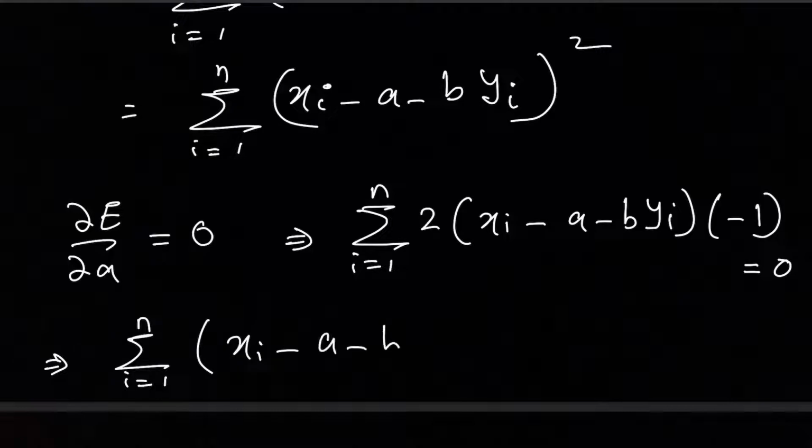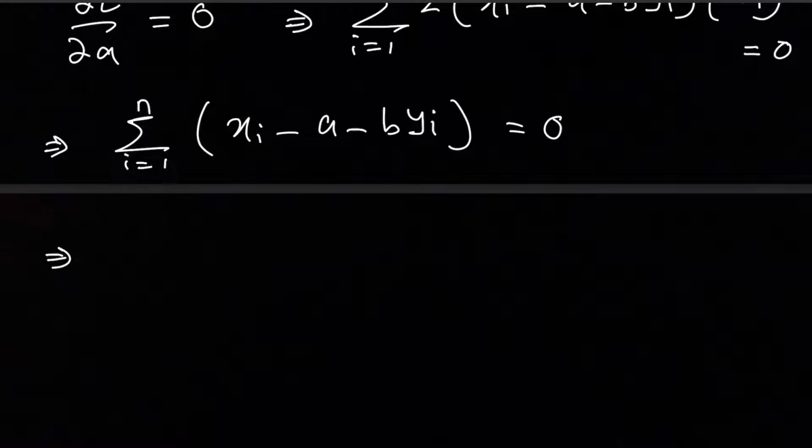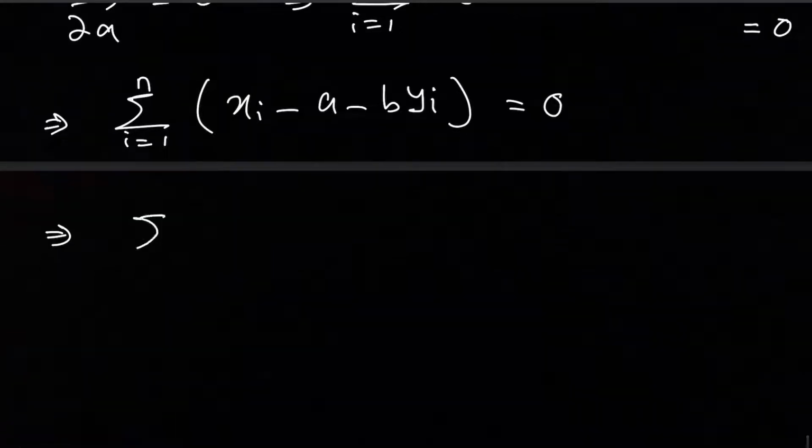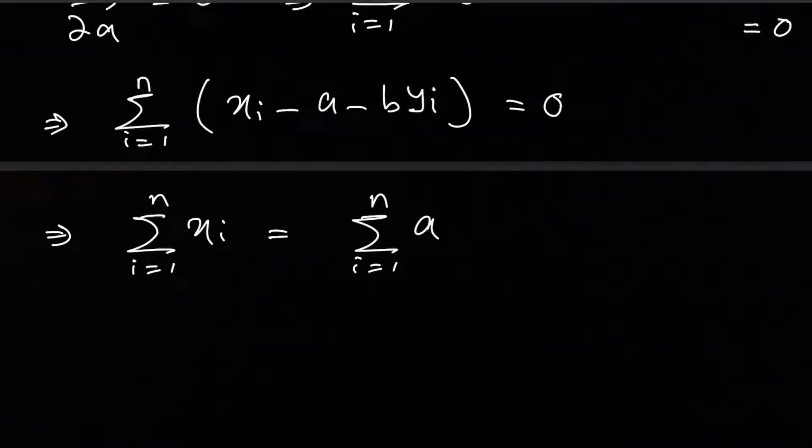minus a minus b yi equal to 0. Breaking open the brackets, it will become summation i is equal to 1 to n xi, and taking the a and b yi on the other side, it would become summation i is equal to 1 to n times a plus b times summation i is equal to 1 to n yi.